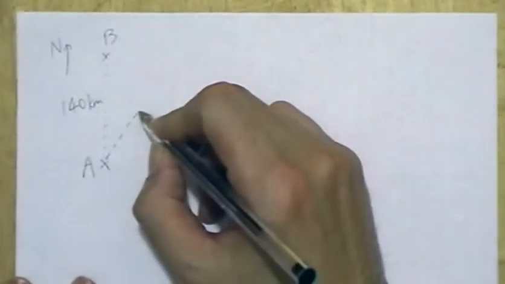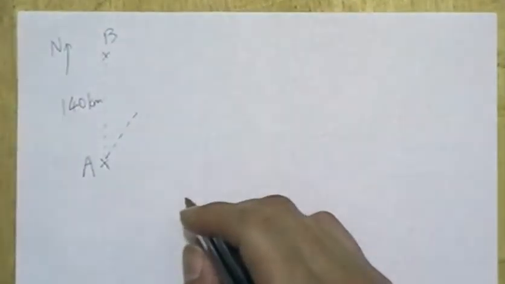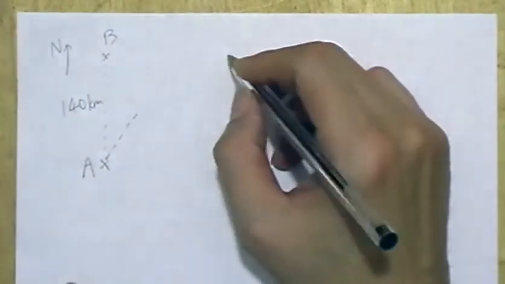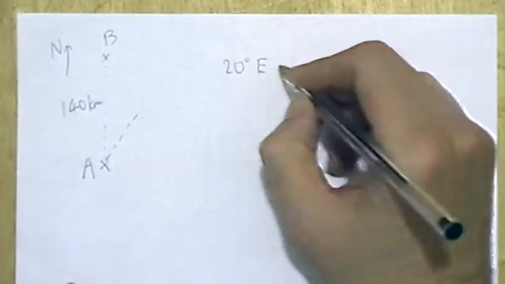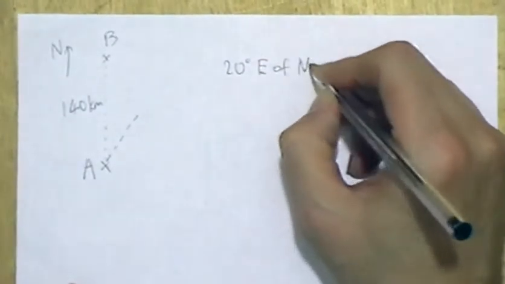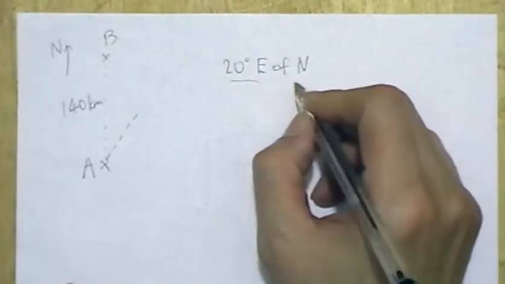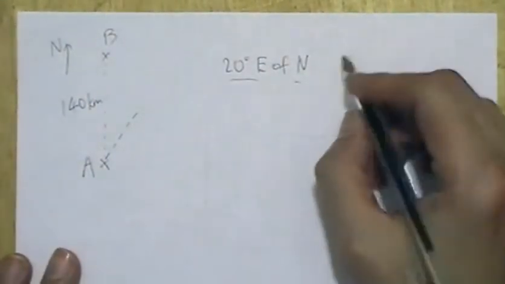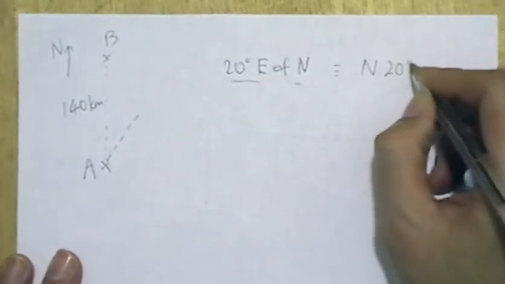And this direction is 20 degrees E of N. Now what does that mean, 20 degrees E of N? This means the same thing as N 20 degrees E.